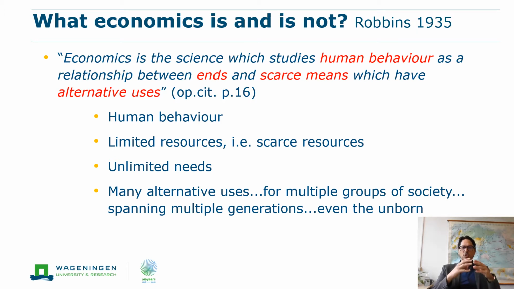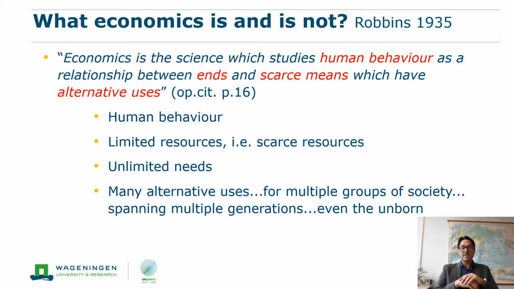And it puts human behavior as a conflict between limited resources and unlimited needs, which is at the core of what economics is. Economics is about trying to satisfy those needs given limited resources.